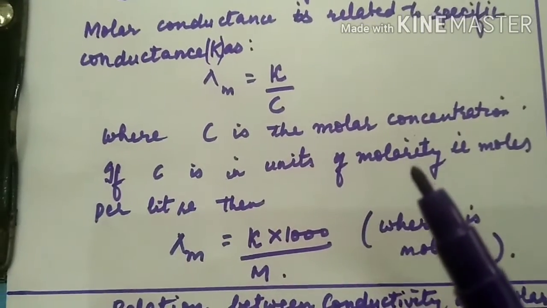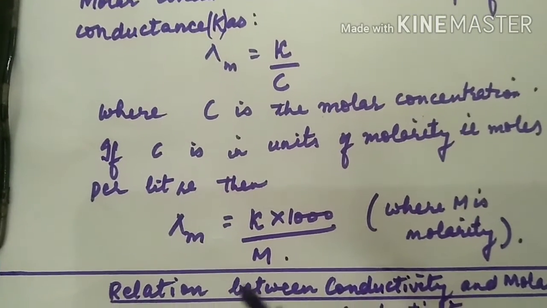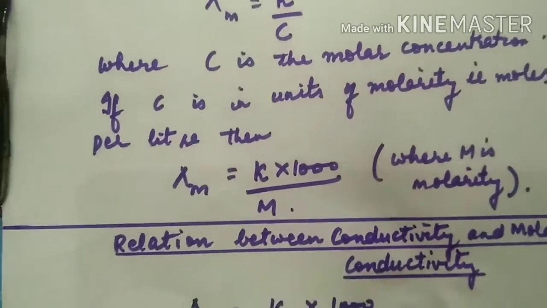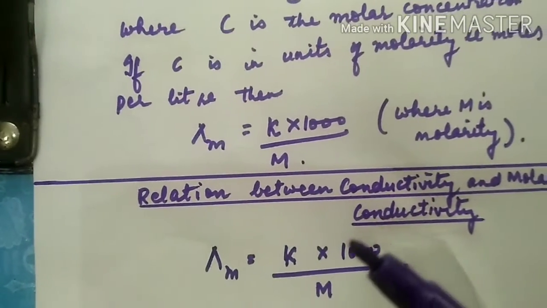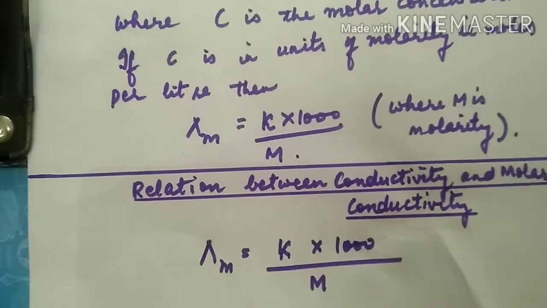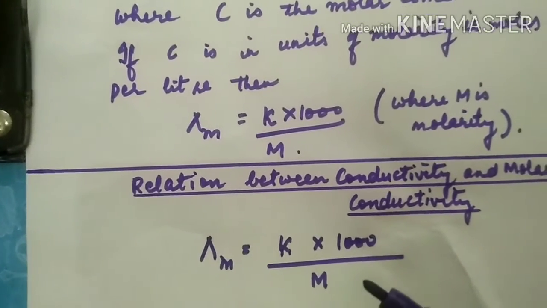If C is in units of molarity, that is moles per liter, then lambda m is equal to kappa into 1000 upon m, where m is the molarity. There is a relation between conductivity and molar conductivity. Just learn the formula. Lambda m is equal to kappa into 1000 upon m.